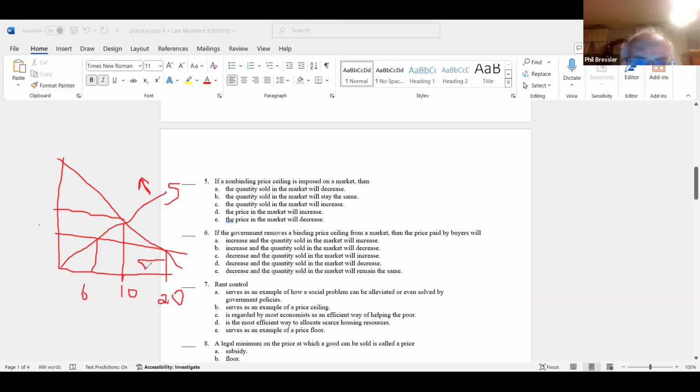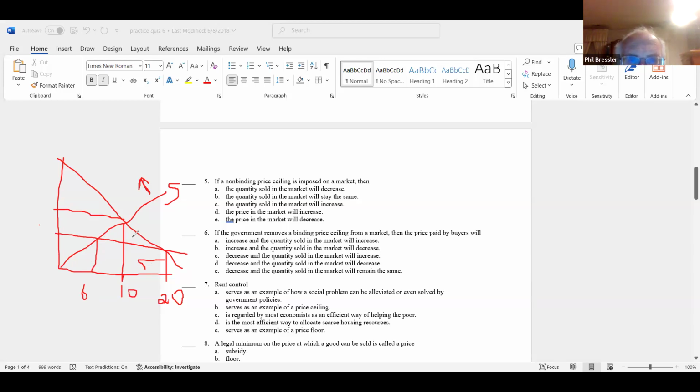So it was number 6. If government removes a binding ceiling, the price paid by buyers will increase. The quantity that would be sold would be 5 with the price ceiling, right? Even though people want 20, we're only supplying 5. Price will go from 5 to 10.